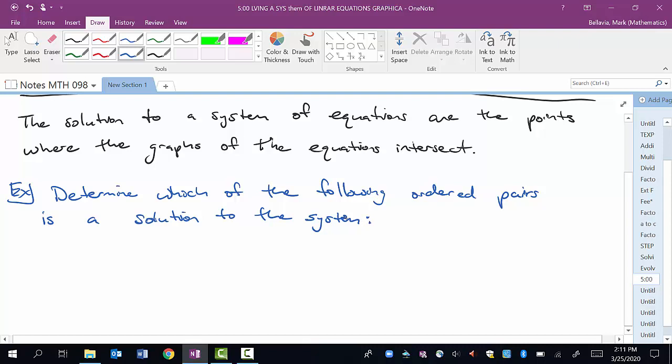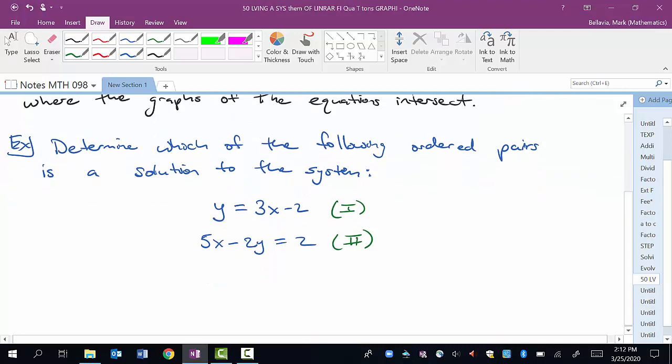And I'm going to give you a system of equations. First one I'll call y equals 3x minus 2. And the second one, 5x minus 2y equals 2. I'm going to label them as equation 1 and equation 2, using Roman numerals, just so I can talk about them.